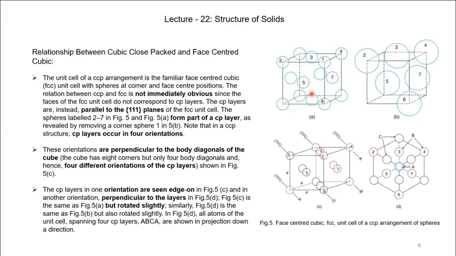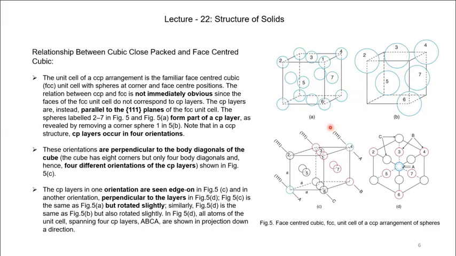And those 4 spheres can also be described as A, B, C, etc. So if we take this one as a layer of spheres, this one then B, and this is B, and this is C, and then again it comes here. This is how we see the relationship between cubic close-packed and face-centered cubic lattice.